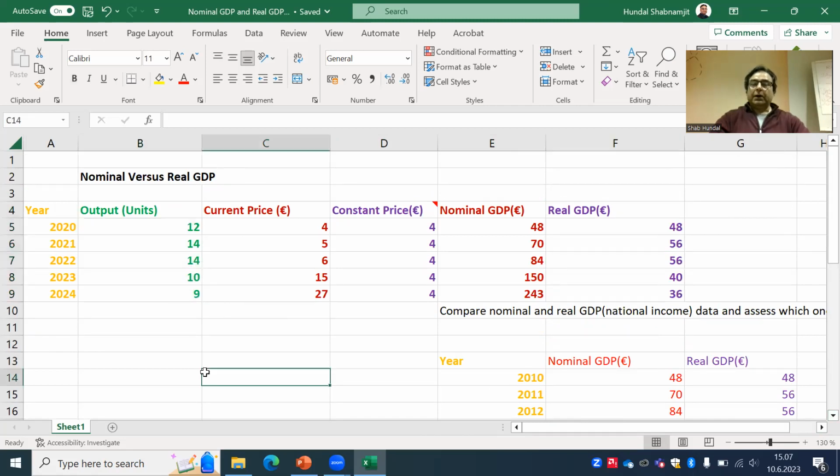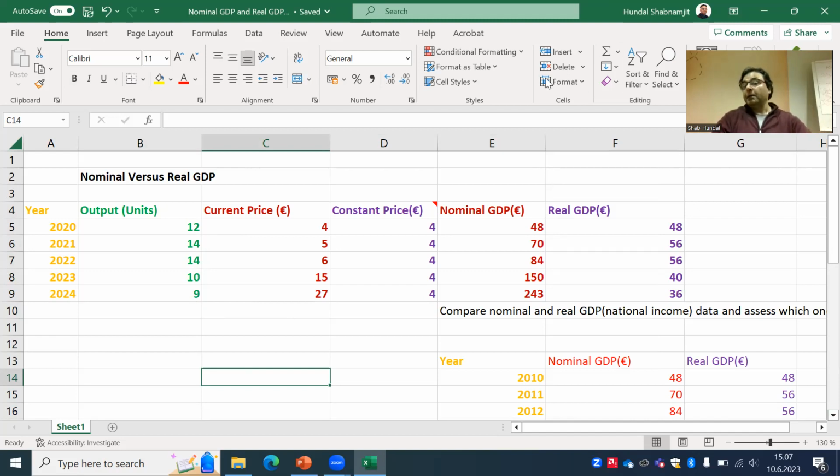So therefore, my suggestion to the students is that whenever you want to make a comparison of an economy based on the GDP, nominal GDP is important, of course, because you have to have the records of each year's calculation. But when you want to compare whether there is an increase or decrease in economic growth, I would recommend that you look at the real GDP growth rate, but not the nominal GDP growth rate.